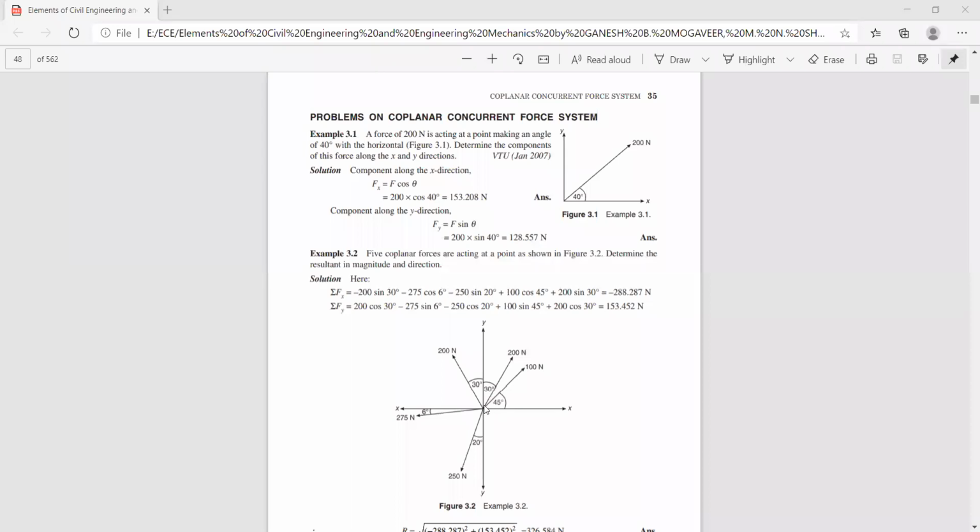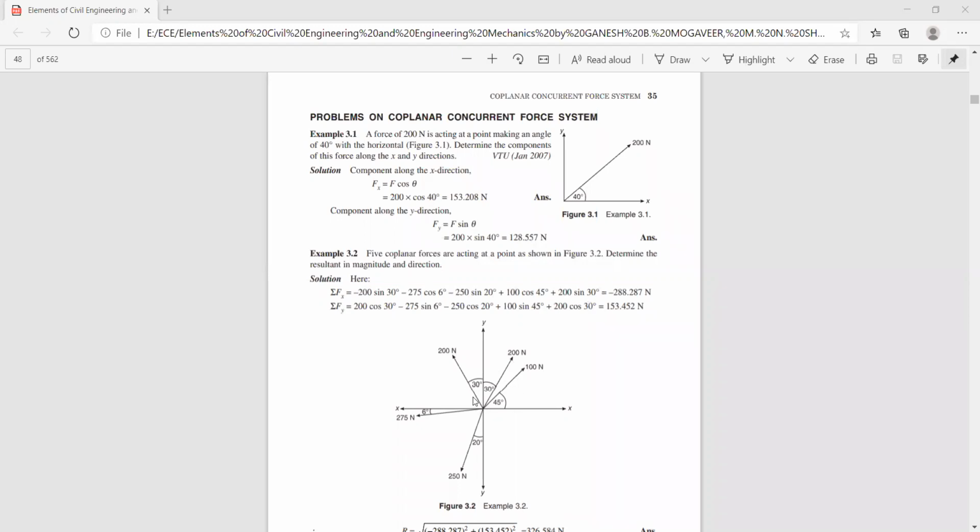You can see here, it is plus 200 cos 30, or if you consider with respect to x-axis, it is 200 sine 60, because this angle is 30, obviously this is 60. So its vertical component is either 200 sine 60 or 200 cos 30.